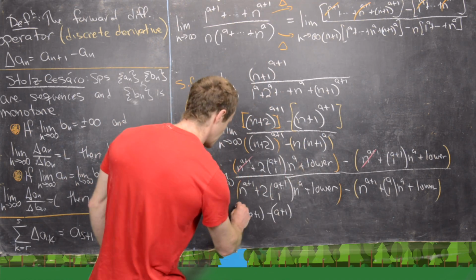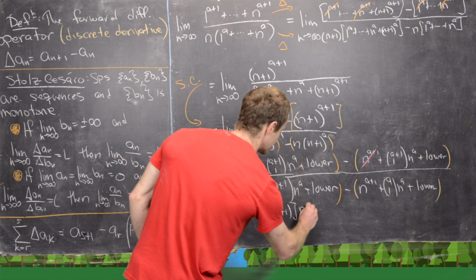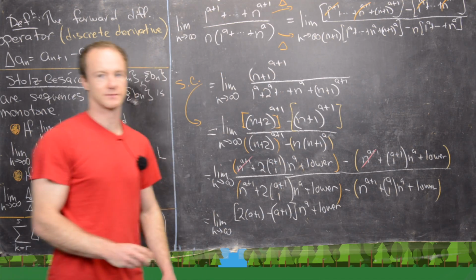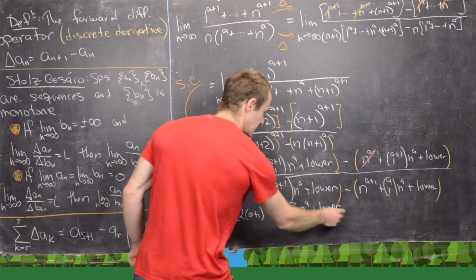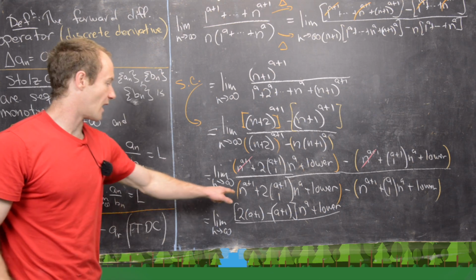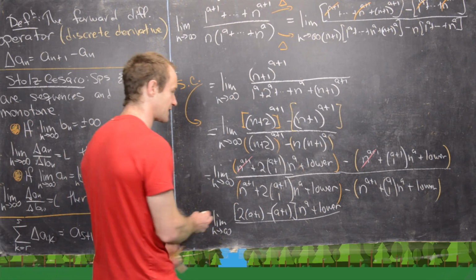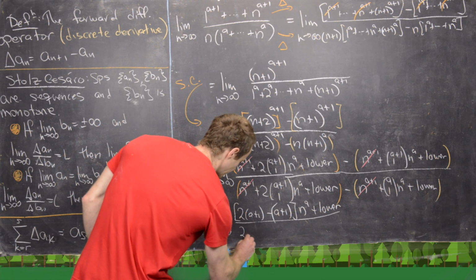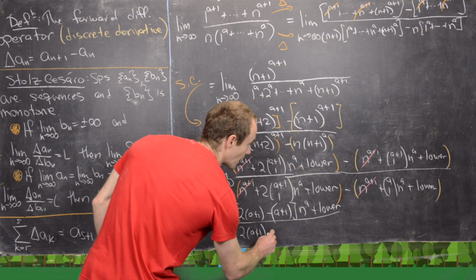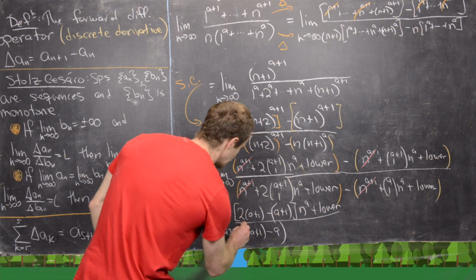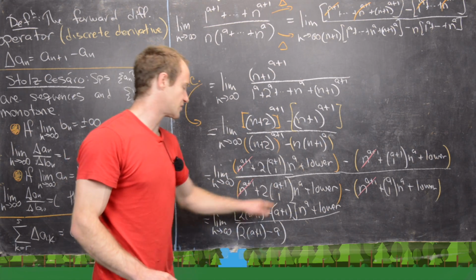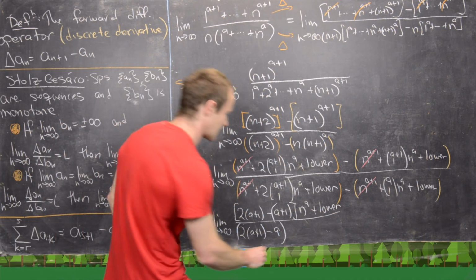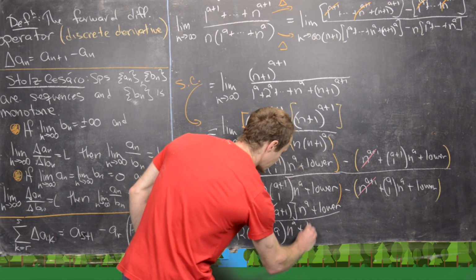Same thing over here, and that is going to be our coefficient of n to the a plus lower order terms. And then that's going to be divided by, well, notice that this n to the a plus 1 and this n to the a plus 1 term are going to cancel, and we're going to be left with 2 a plus 1 minus a. Again, that's because we have a plus 1 choose 1 is a plus 1, and a choose 1 is a, and that's going to be multiplied by n to the a plus lower.